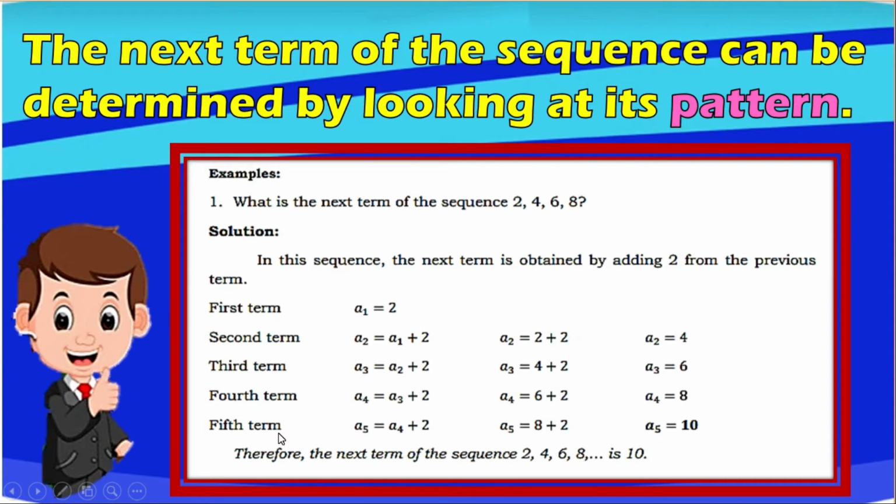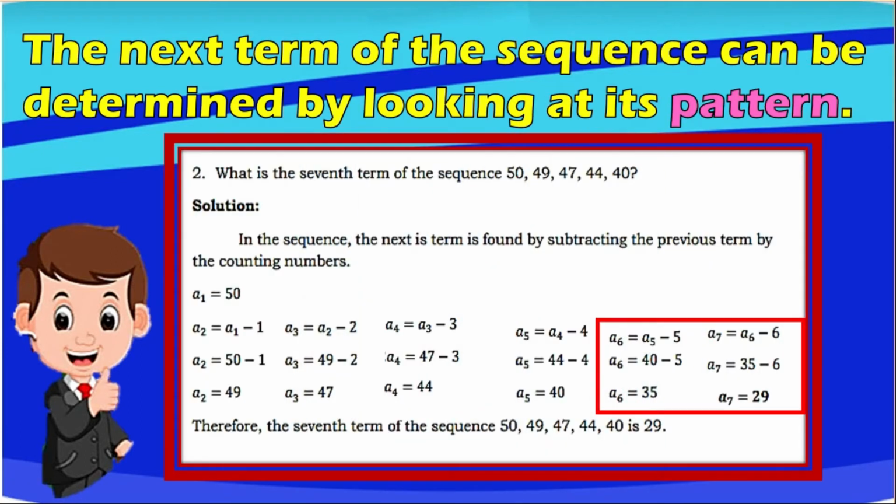And the fifth term, or the next term of the given sequence, can be obtained by a sub 5 equals a sub 4 plus 2. So a sub 5 equals 8 plus 2, so a sub 5 equals 10. Therefore, the next term of the sequence 2, 4, 6, 8 is 10.